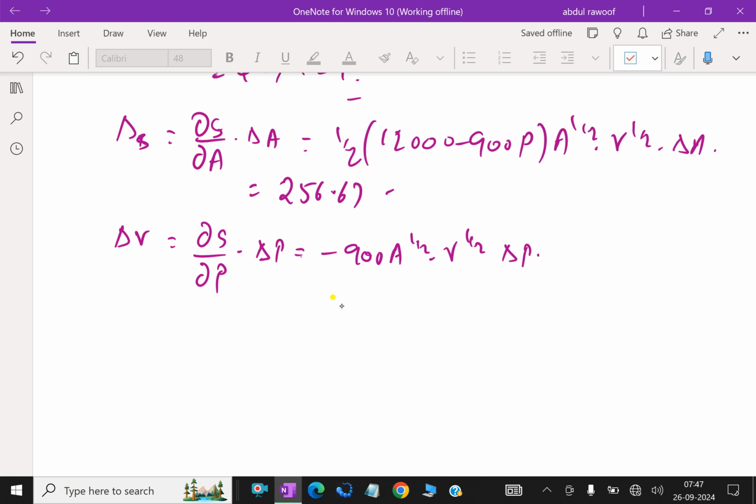By substituting these values, minus 900 into 90 into 7 into dP, where the change in price is 0.10, this gives approximately $56,700.